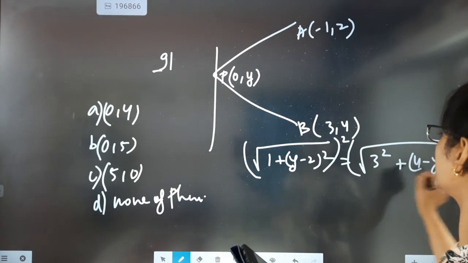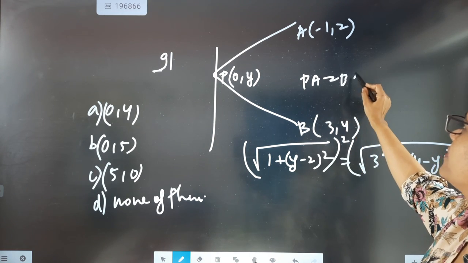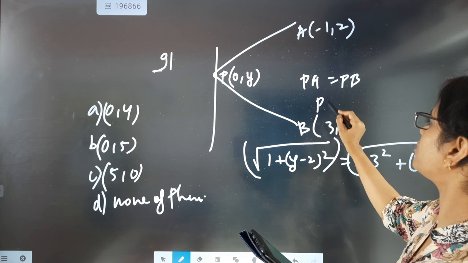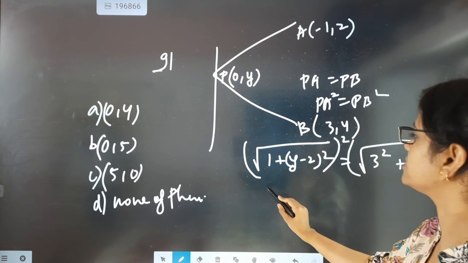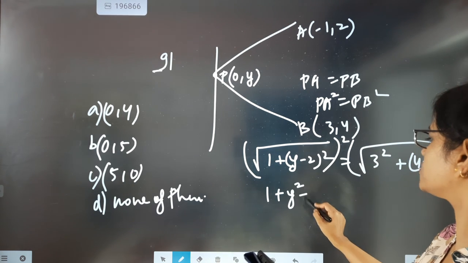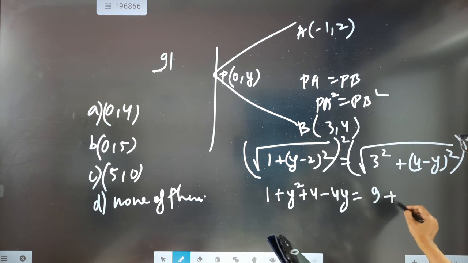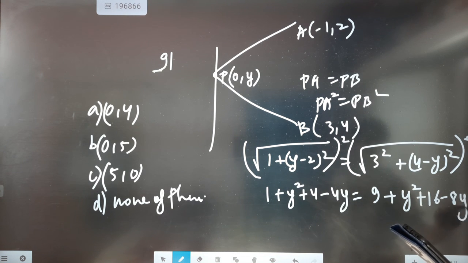Squaring both sides, since both distances are equal, PA equals PB is given, so the square of PA will be equal to the square of PB. So here it is coming as 1 plus y square plus 4 minus 4y equal to 9 plus y square plus 16 minus 8y.